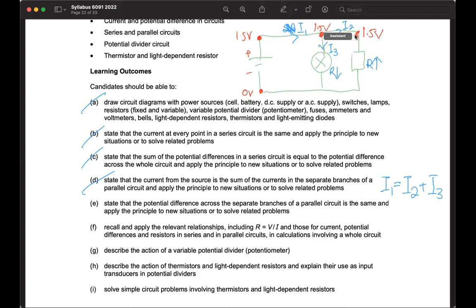Because if there's no resistance there, it will have the same potential. Can you see on top here? There's nothing there, only wire.